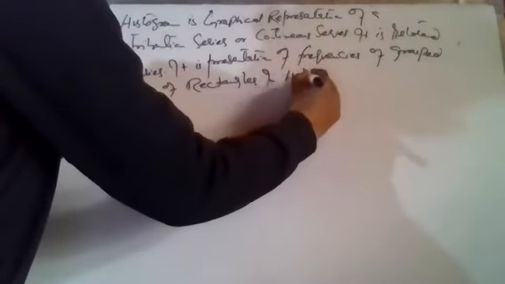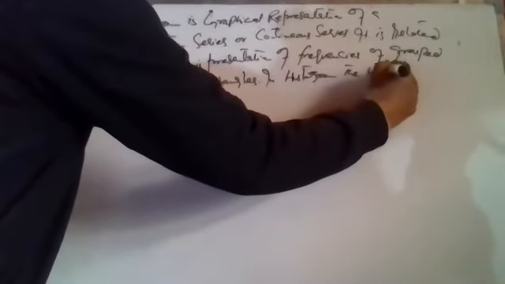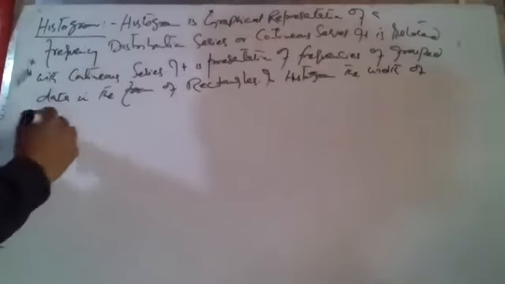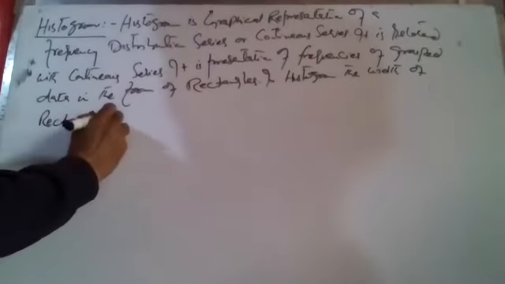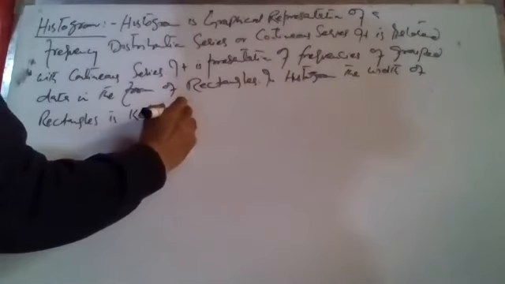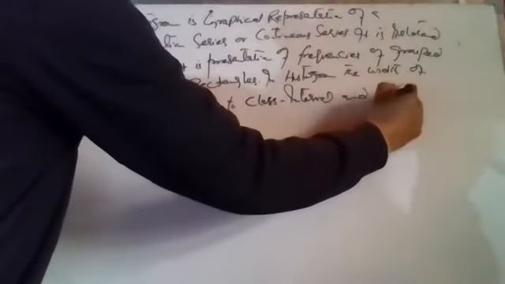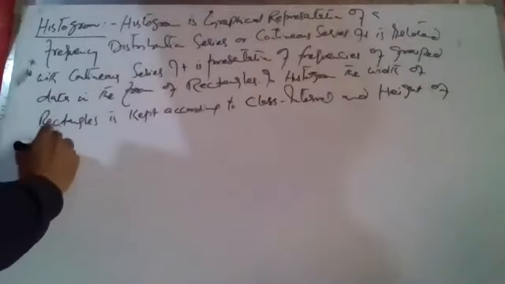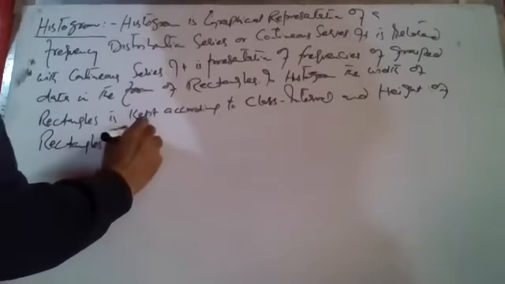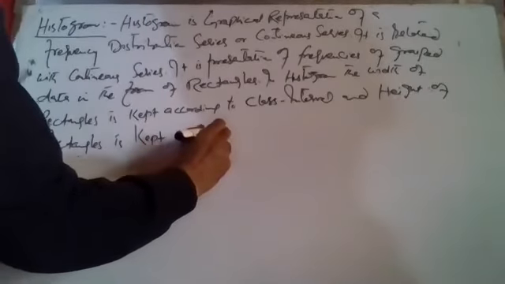In this graph, the width of rectangles is kept according to class interval, and the height of rectangles is made according to the frequency. So here in the histogram, the width of rectangles is kept according to class interval, and the height of rectangles is kept according to frequency.